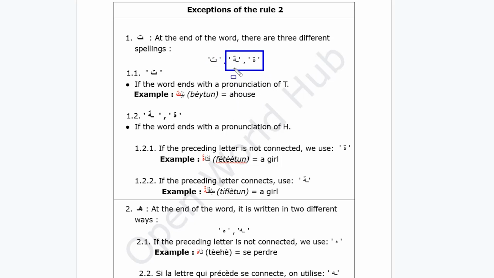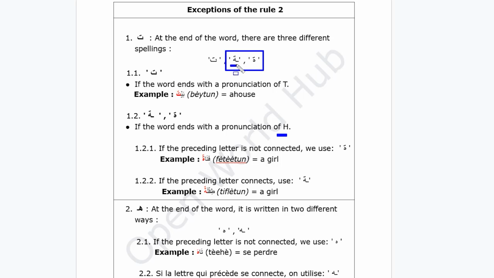If the word ends with the pronunciation of H, for example, a girl, fatatun, we have this fatah, fatah. This ends with the H pronunciation. In that case, I will write either following that form or following that form.